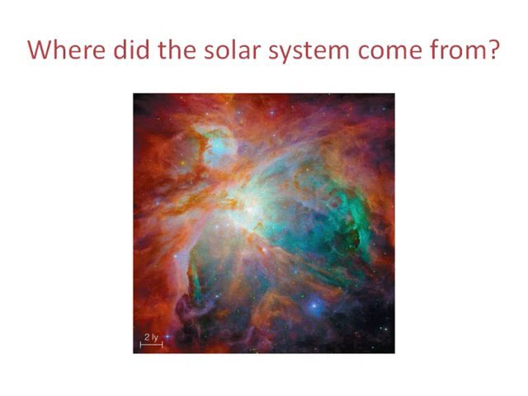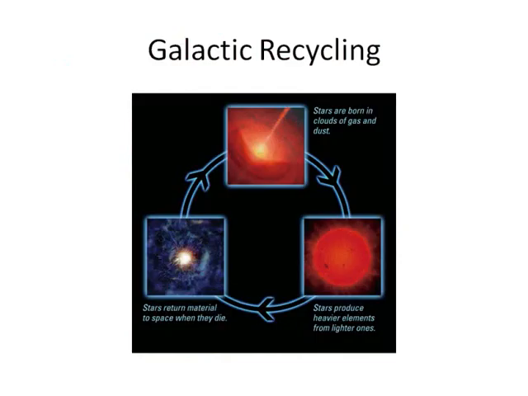First, according to the evidence as we understand it today, the universe was born in the Big Bang. Hydrogen and helium were the only chemical elements present when the universe was young. All the heavier elements have been produced since then by stars, through nuclear fusion in their cores, or the explosions that accompany their deaths.